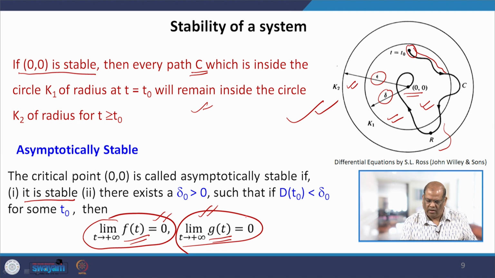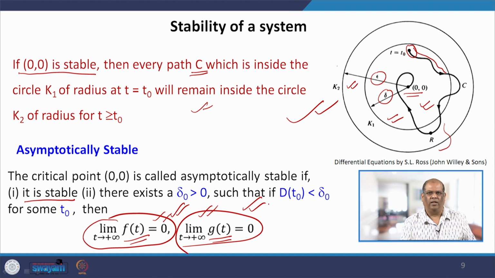And here, along with remaining close to (0, 0), the path will approach (0, 0), and this mathematical condition guarantees that it will approach (0, 0). So, that is the basic difference between the stability of the system and the asymptotic stability of the system. Let us now move to the problems.